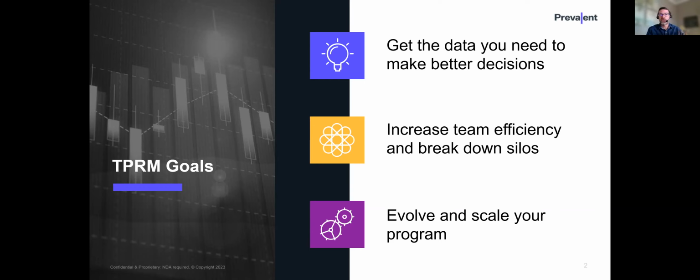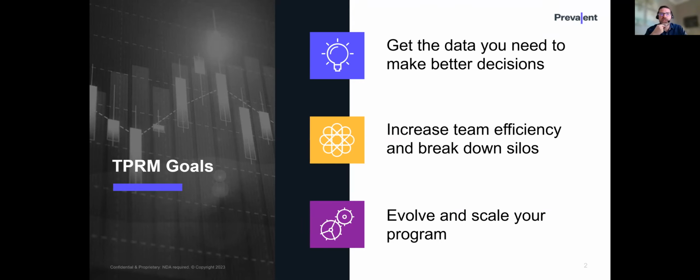As we talk to our customers, they overwhelmingly tell us they want to accomplish three things with their third-party risk program. First is helping them get the data they need to make better business decisions about vendors to onboard, third parties to assess and how, and what the right criteria is for potentially offboarding a vendor.